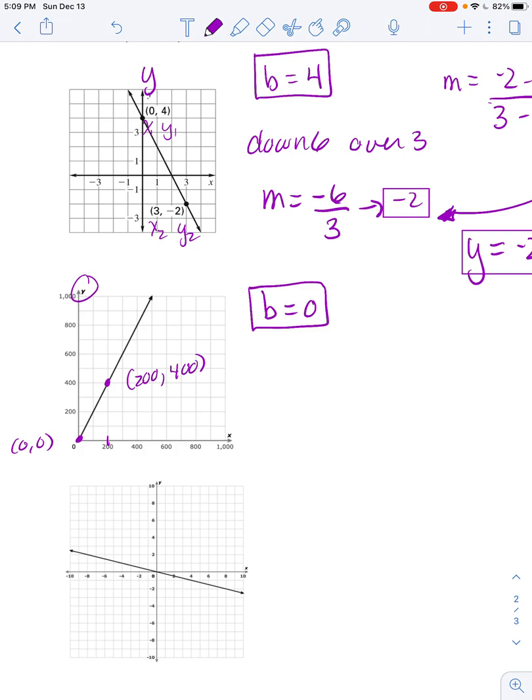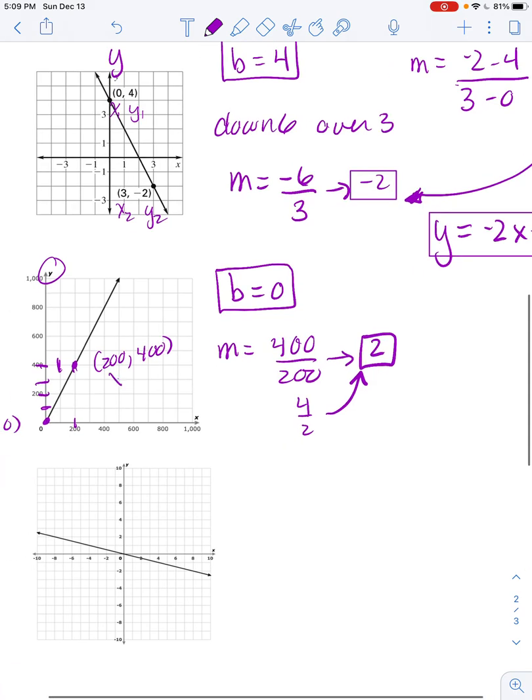Then when I do the slope, if I go to count it, even though these are counting by, you can see this is counting by 100s. Even if I went up 1, 2, 3, 400, up 400 would be positive, and then over 200, that has to be reduced, and I'd end up with 2. If I had counted it as up 1, 2, 3, 4 over 2, it still would have turned out to be 2.